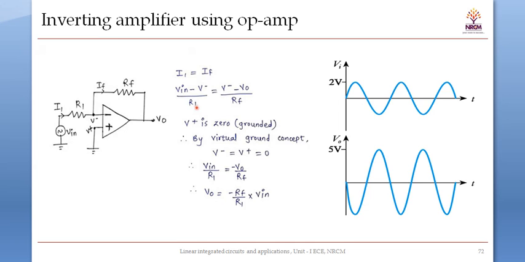The closed loop voltage gain is the ratio of output voltage V0 to the input voltage Vin, so it is V0 divided by Vin. We are interested in the calculation of closed loop voltage gain, that is V0 divided by Vin.